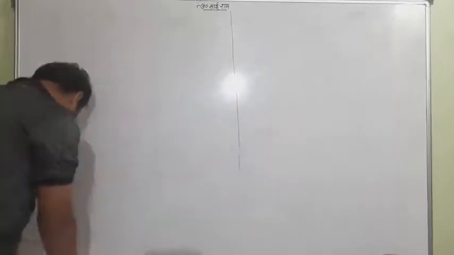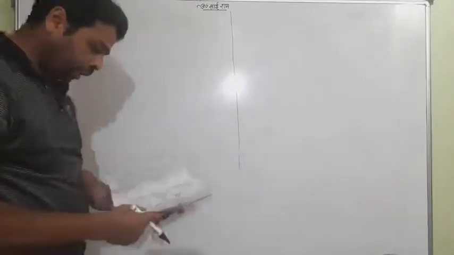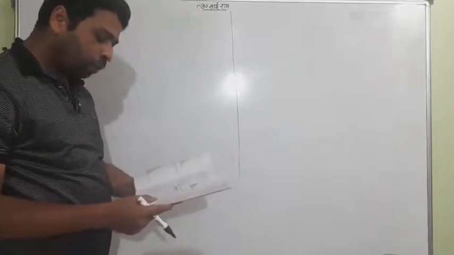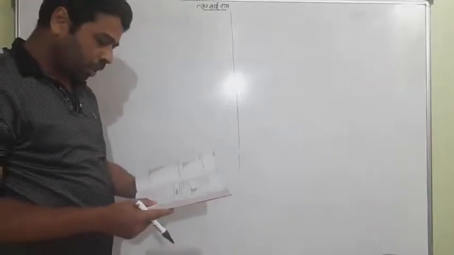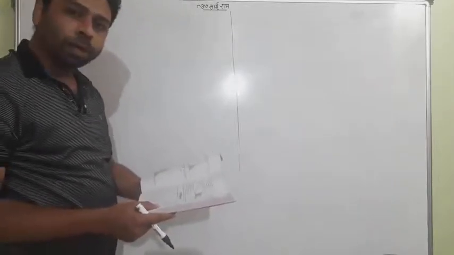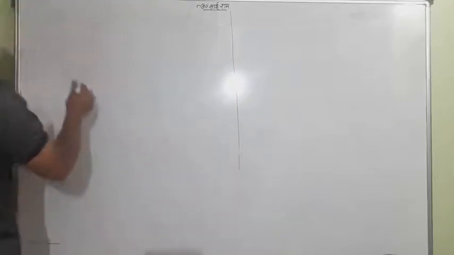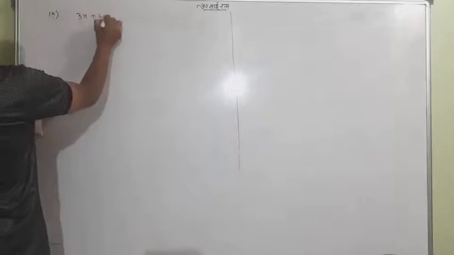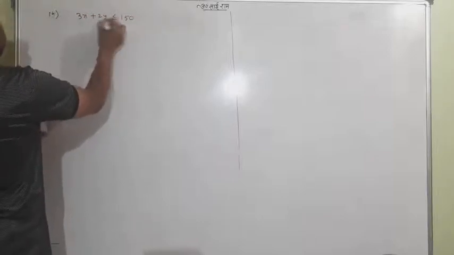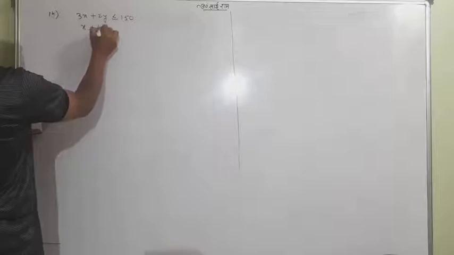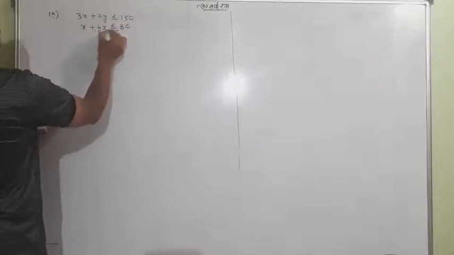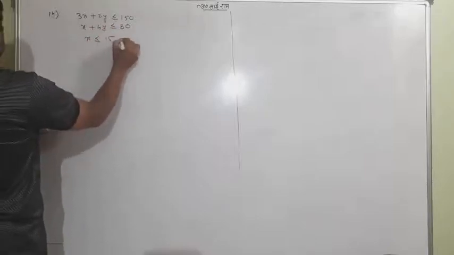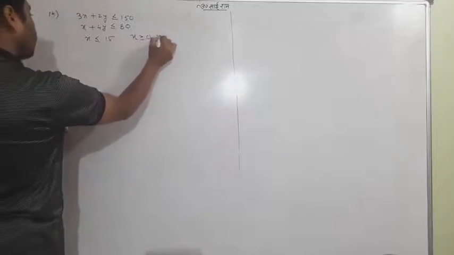Okay. Now we don't have to do anything special here. One more question I want to express, because it contains lots of inequalities. Suppose I'm telling you the 14th question: 3x plus 2y less than 150, x plus 4y less than 80, x greater than 15, x greater than 0 and y greater than 0.